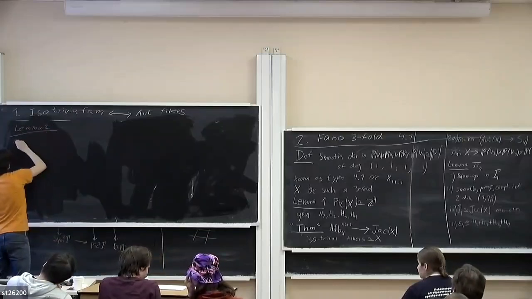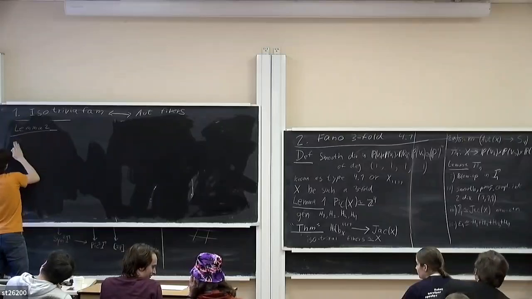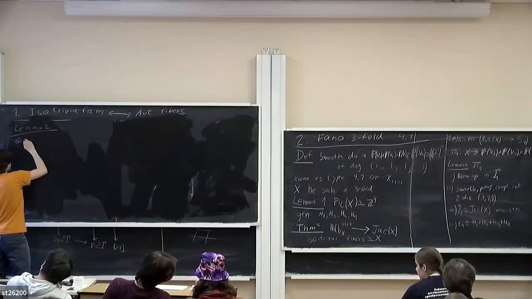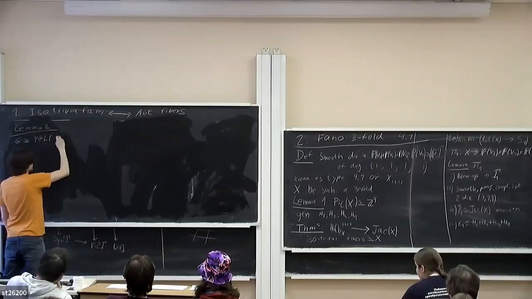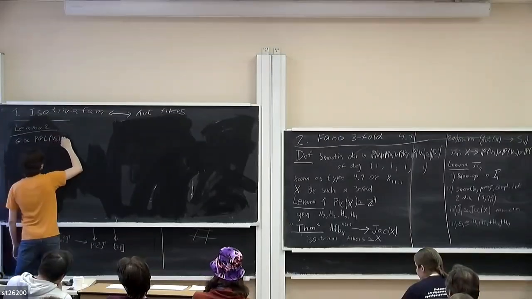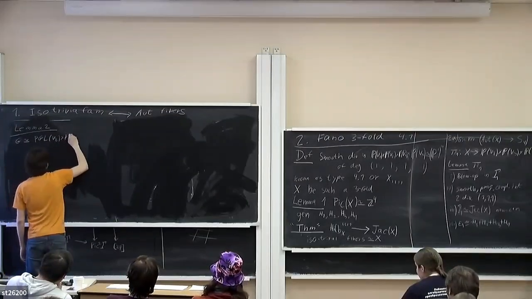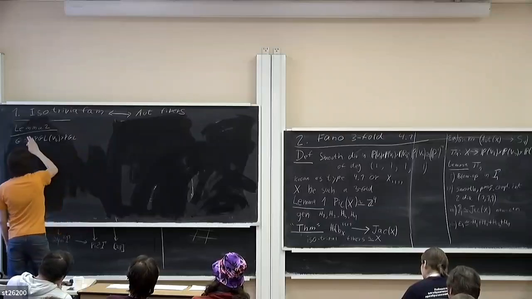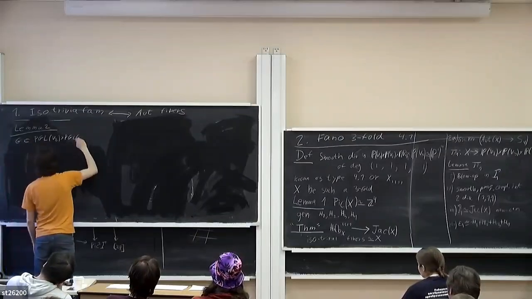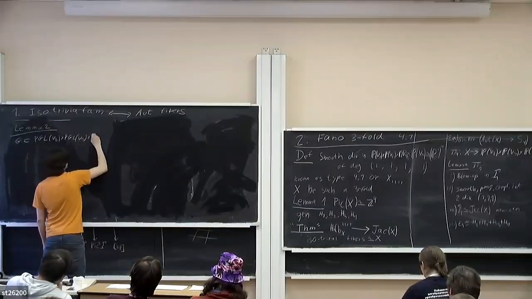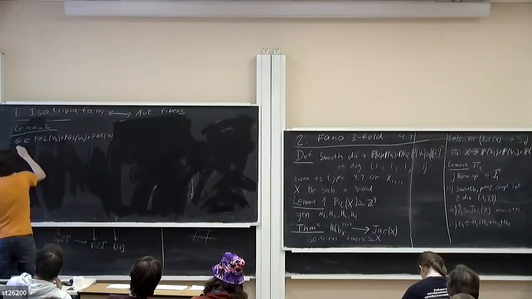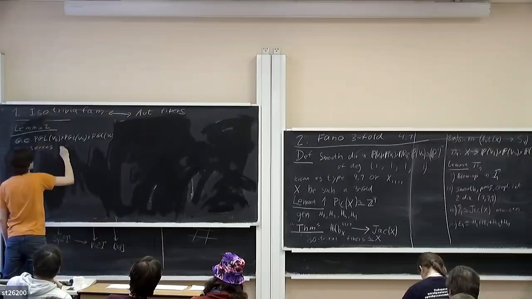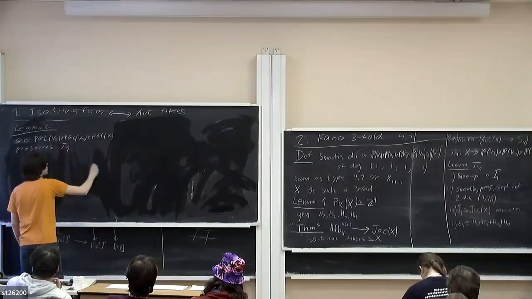that the group G is isomorphic to the subgroup of the automorphism group of P1 times P1 times P1 which preserves the curve gamma 1.